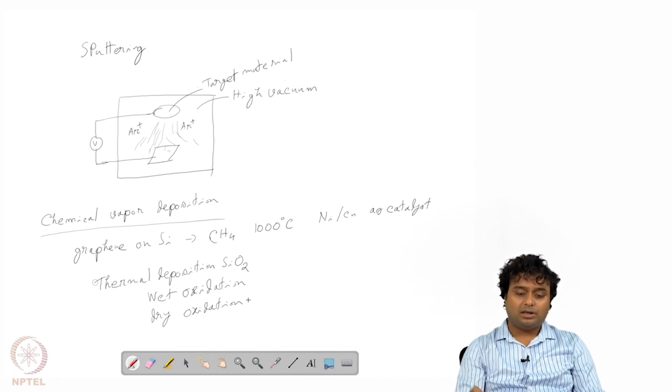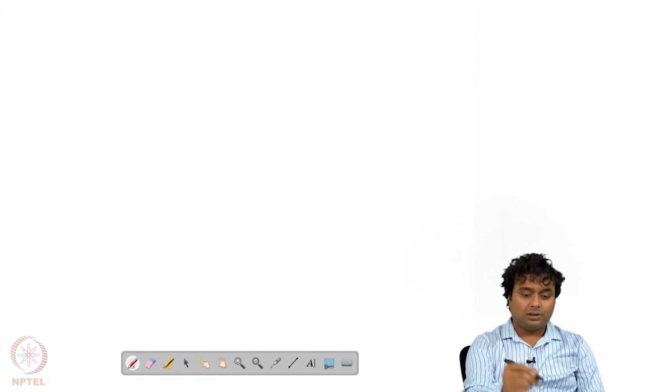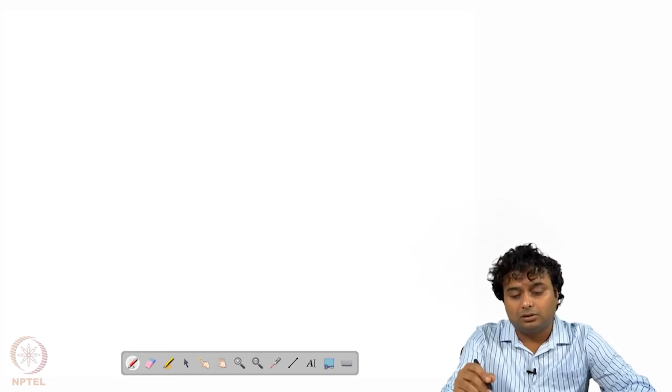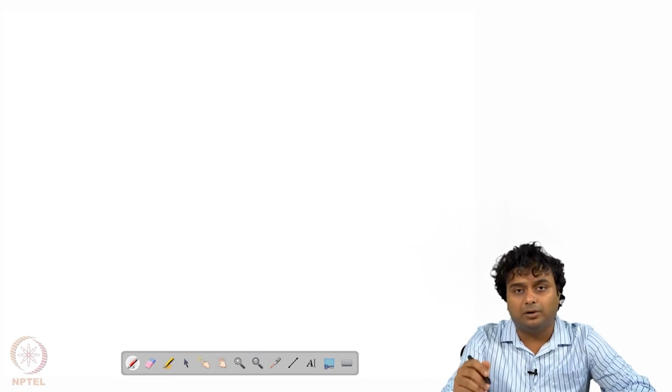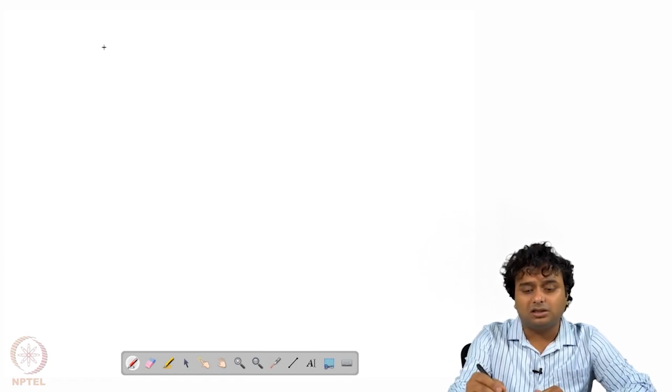Now before going to the next topic, I will again revisit a little bit about material removal or etching. Last time we talked about etching using KOH or TMAH solution. Now this KOH or TMAH is a liquid, right. So that is called wet chemical etching. Now after wet chemical etching we are going to discuss dry etching.